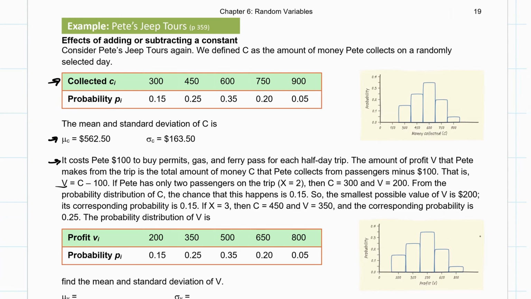In other words, the profit V is C minus $100. So let's create this new random variable. Let's take the 300, subtract 100 from it, and get 200. Let's take the 450, subtract 100 from it, and get 350. Creating a new random variable, let's see what the mean and the standard deviation of that random variable is.